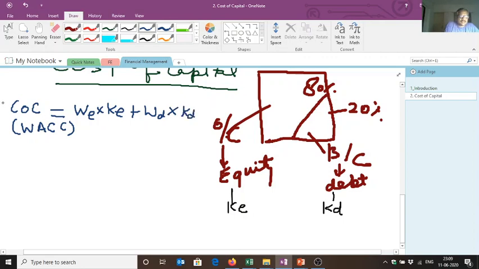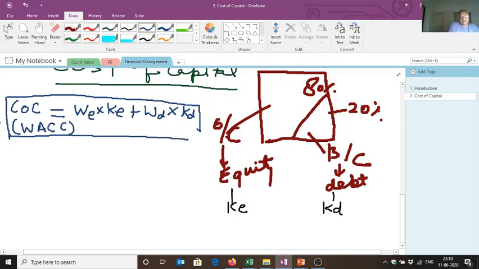Because it uses the respective weights, it is called the weighted average cost of capital; it is nothing but a weighted average.